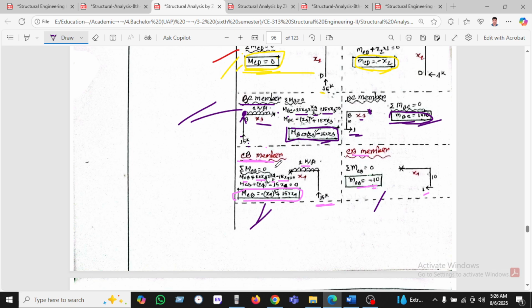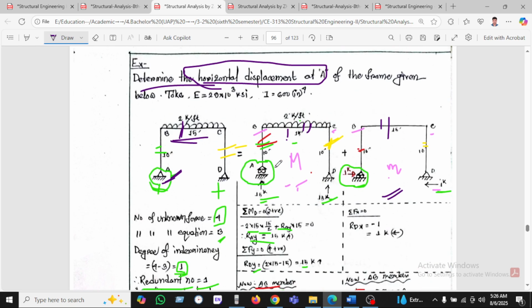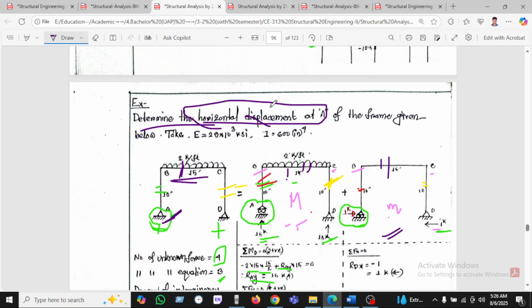In this case, we have been finding the load, not horizontal displacement, so it will be the RA load reaction, finding the horizontal reaction of RA. As the question was wrong, it should be: determine the reaction of RA of the frame given below.